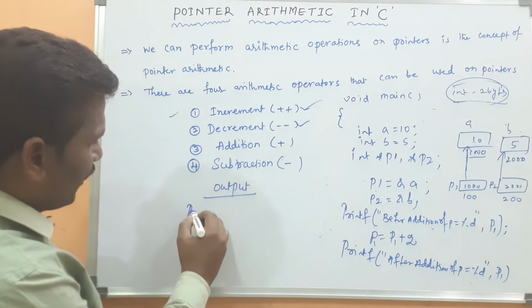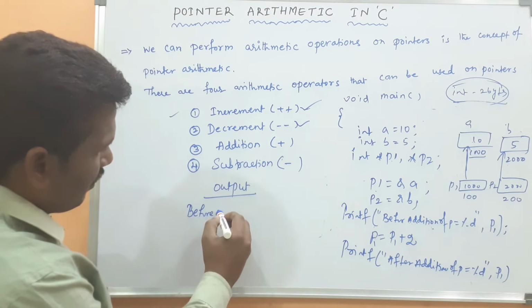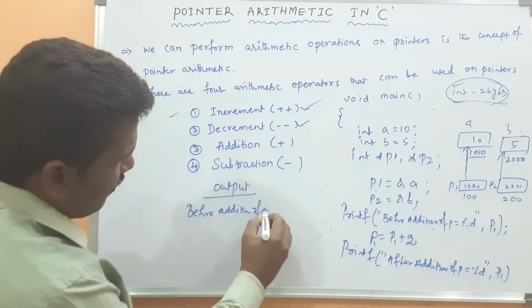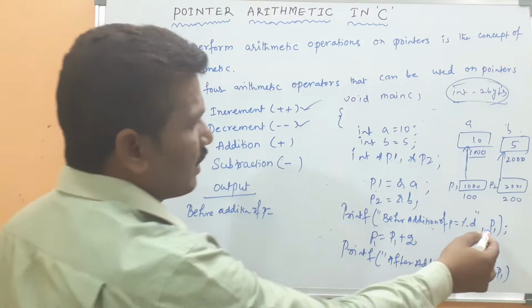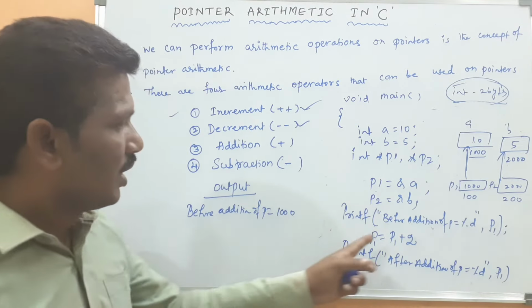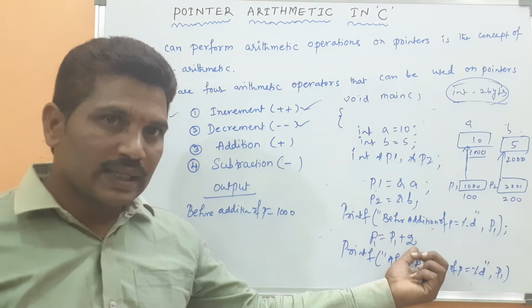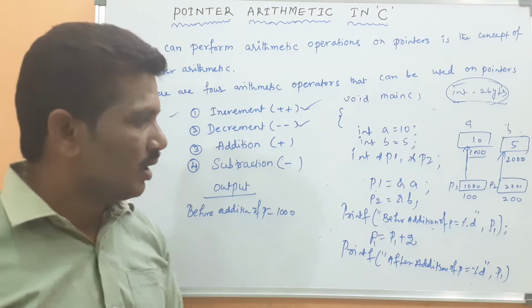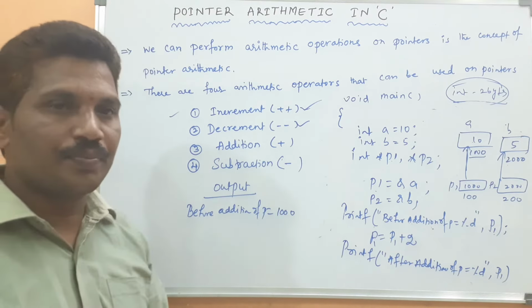Before addition of P, what is the address P1 can hold? 1000. Good. Then after the integer 2 value is added to the pointer variable P1, what is the answer?